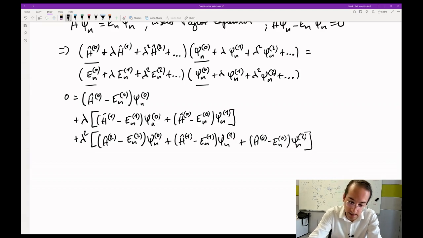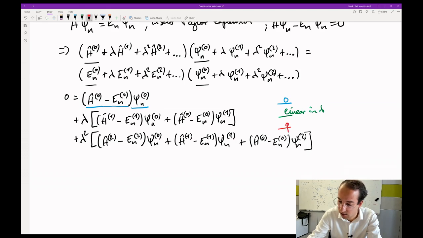So let's maybe color code this so that this becomes clear. So here both are blue, and blue shall be 0 in lambda. This is linear in lambda. Then this shall be quadratic in lambda.